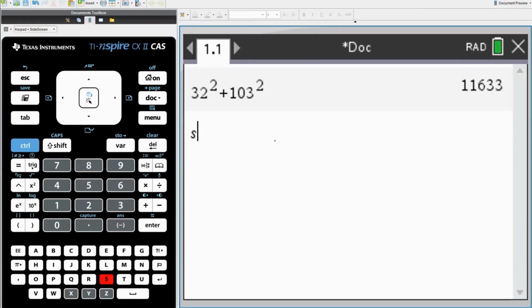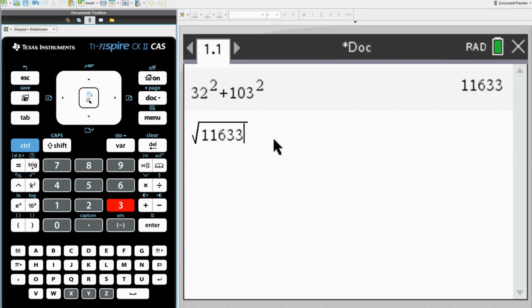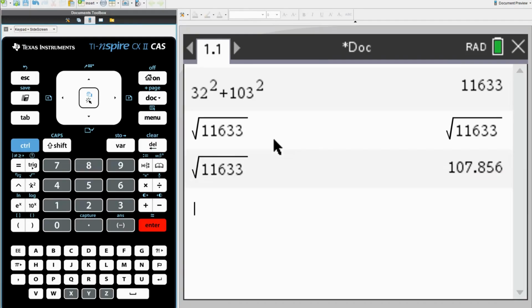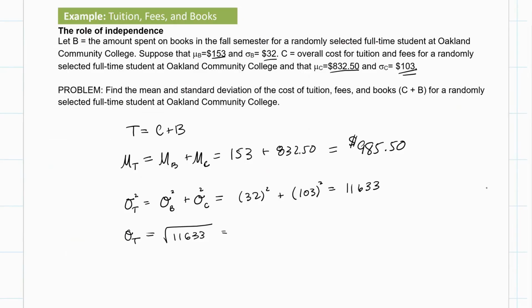So I'll put in square root, and I'll type in 11,633, control enter in order to get the decimal version, 107.86. That's in dollars. So there's our standard deviation and mean for the combining of these two random variables. All right.